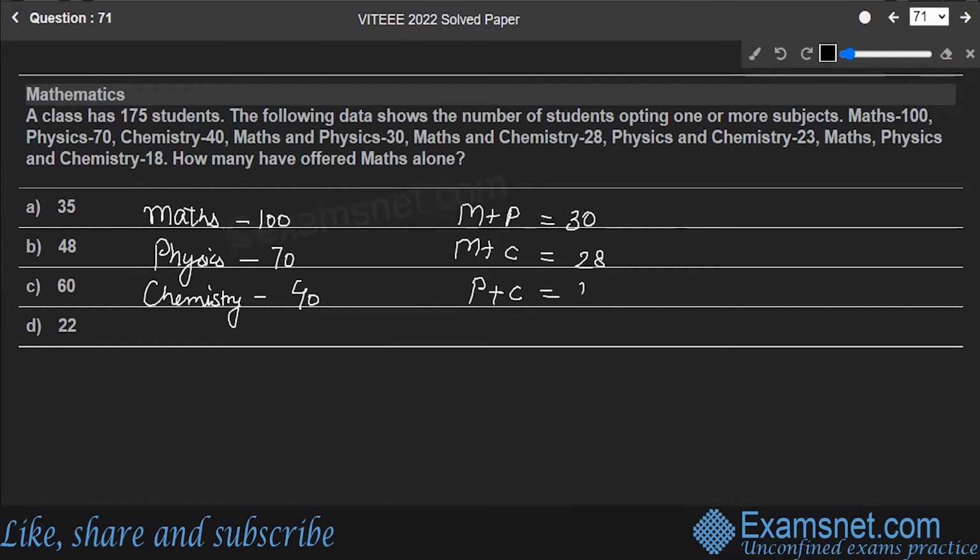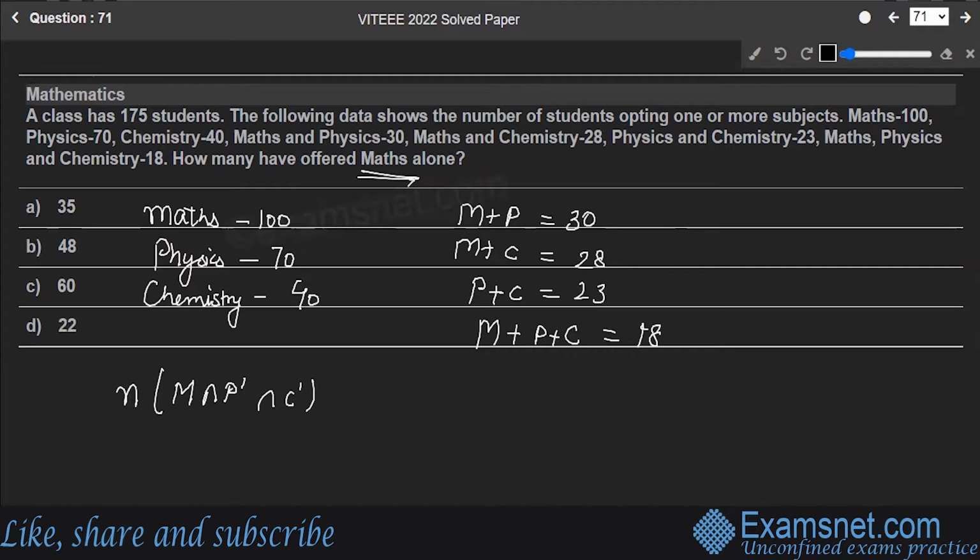Physics plus chemistry, 23. And maths, physics, chemistry, all three, is opted by 18 students. Now you have to find out who have opted only maths. So that is given by the number of students who have opted maths, but not physics, not chemistry.